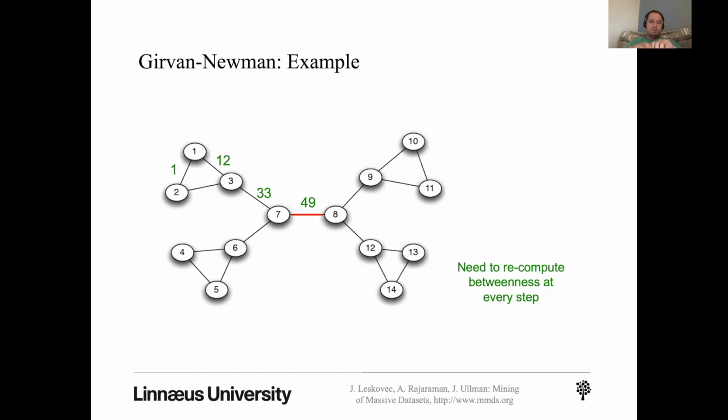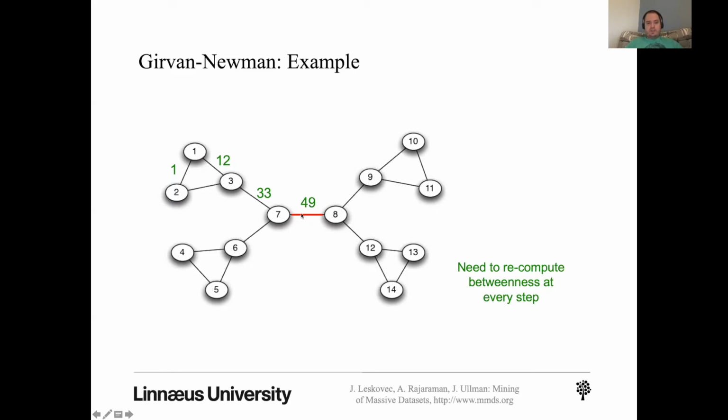If you consider the graph as a whole, and all possible paths between all pairs of nodes, an edge with high betweenness means it's between a lot of nodes. And this edge in the middle here is definitely between a lot of nodes, because all possible shortest paths between every node from this side to this side, and vice versa, must go through this edge.